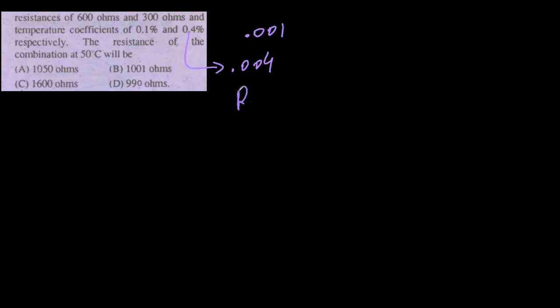So RT for 600 will be equal to R naught, which is 600, into 1 plus alpha for 600, which is 0.001, times T2 minus T1, where T1 is 0 degree and T2 is 50 degree.